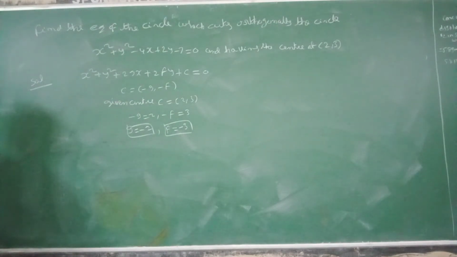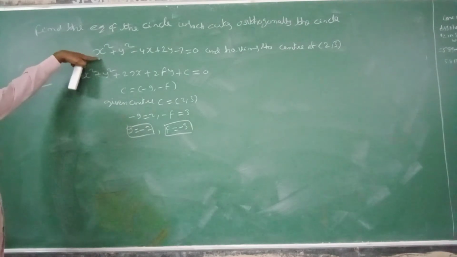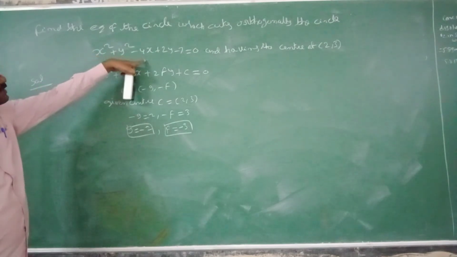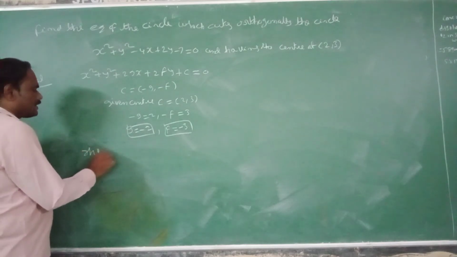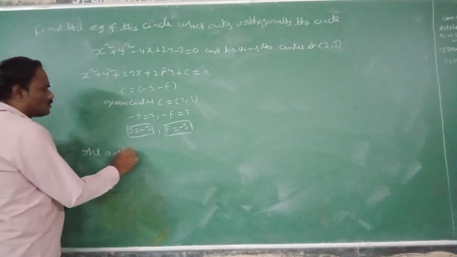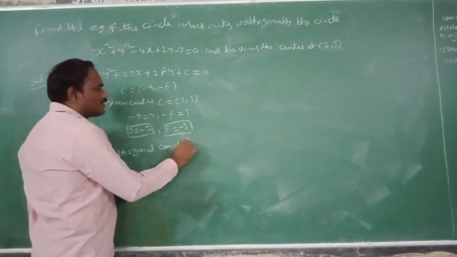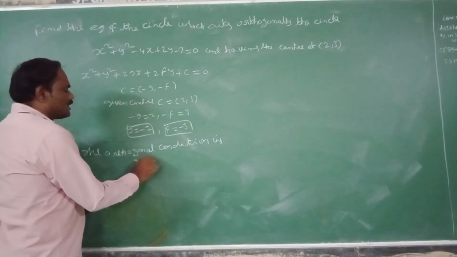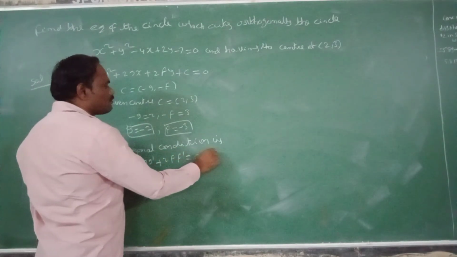So the required circle cuts orthogonally the given circle, that is x square plus y square minus 4x plus 2y minus 7 is equal to 0. The orthogonal condition is 2gg dash plus 2ff dash is equal to c plus c dash.